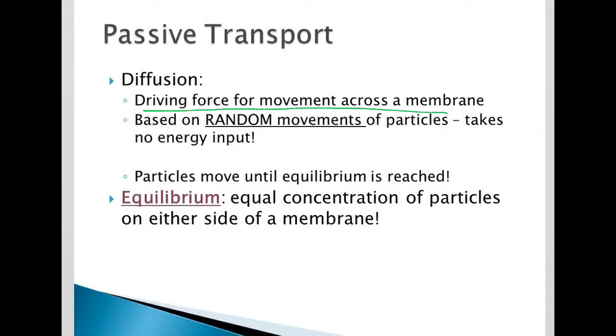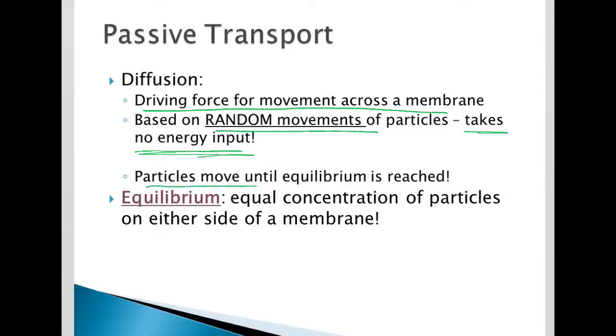It's actually based on particles bumping into each other. They'll bump into each other more when they're in a high concentration, and that will basically move them and bump them out to where there's a low concentration. So it's based on these random movements of particles, and it takes no energy at all. So that's the big thing. No energy for passive transport.